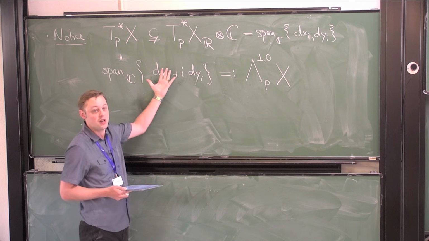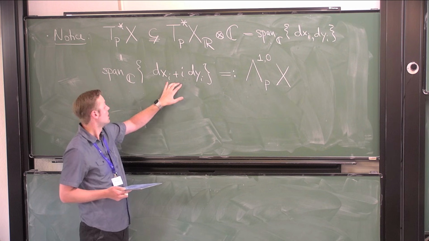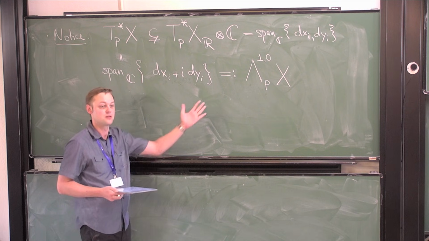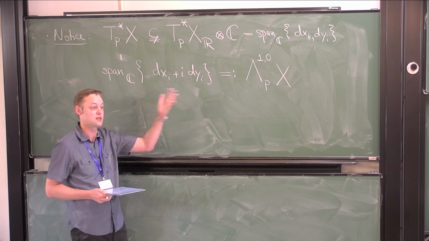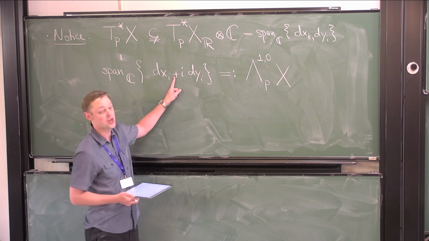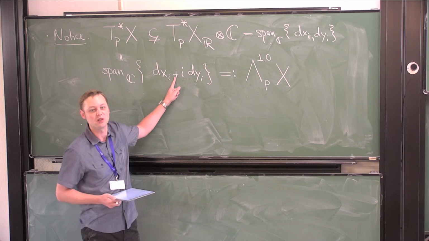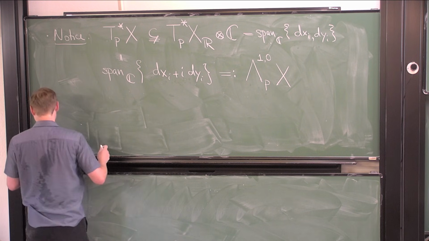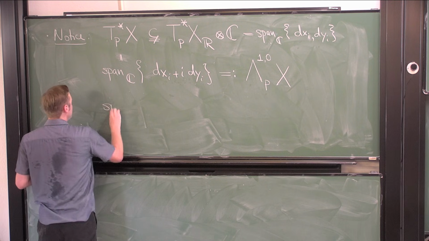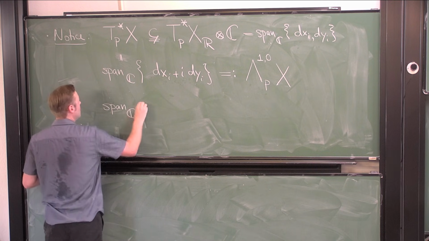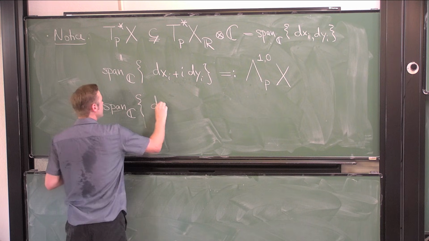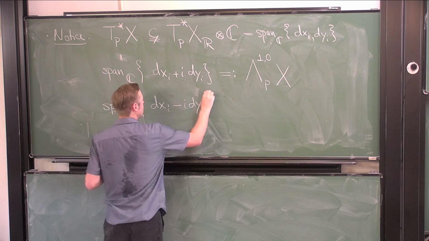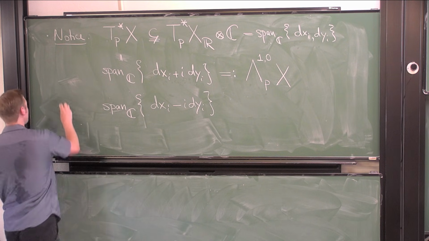There's a complementary way of combining these vectors, complementary in the sense that I get a complementary vector subspace, such that the direct sum of the two subspaces gives me the whole space. If I just change this from plus to minus, this is a very typical way of building a complementary space in a vector space. So if I look at the span over the complex coefficients of dx_i minus i dy_i, this gives me a complementary subspace.